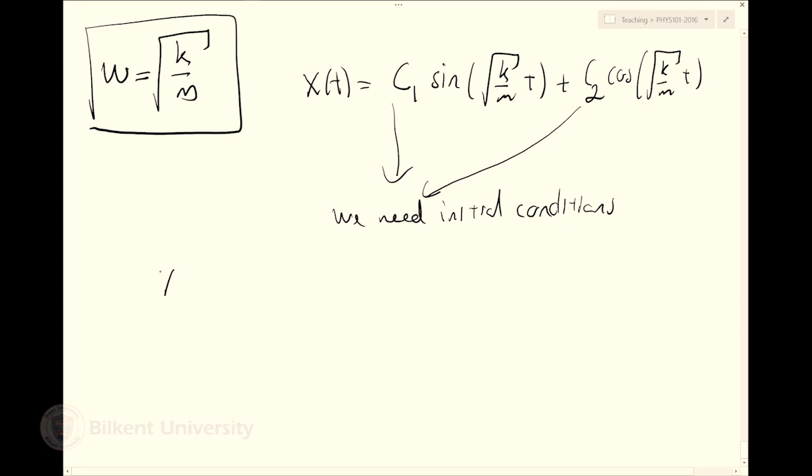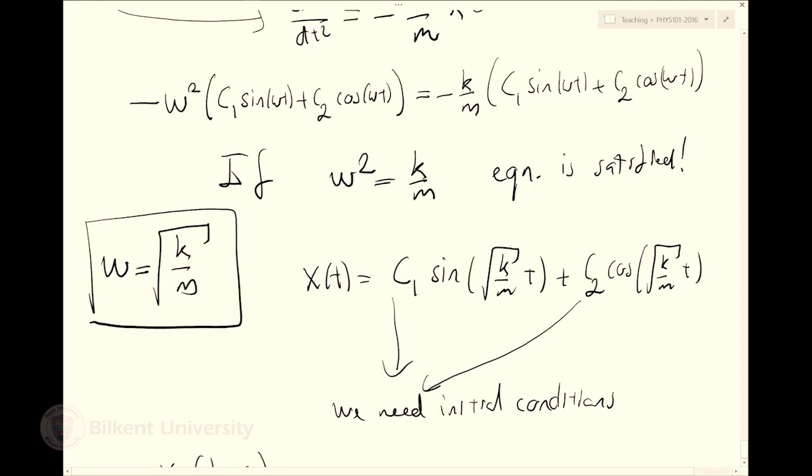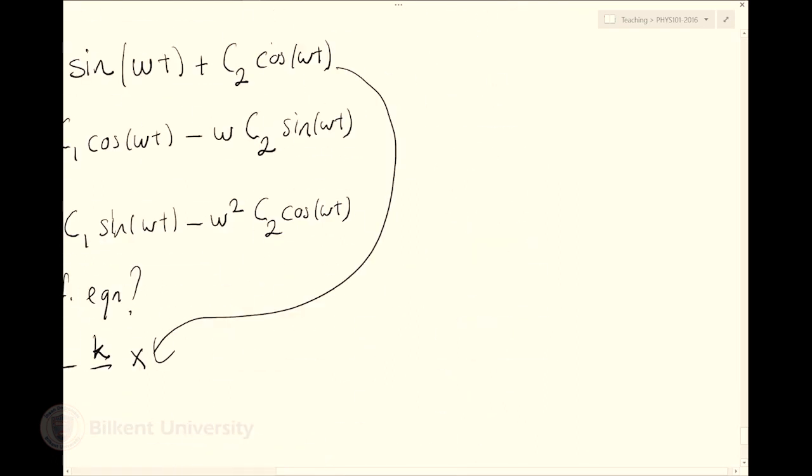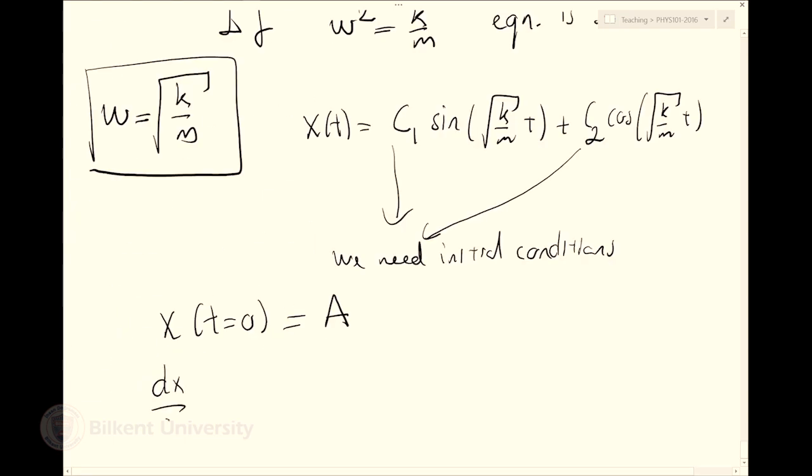What was my position at t equals 0? I said I start from point A with 0 velocity. So here is the thing: x at time t equals 0 is a. dx dt at time t equals 0 is 0.